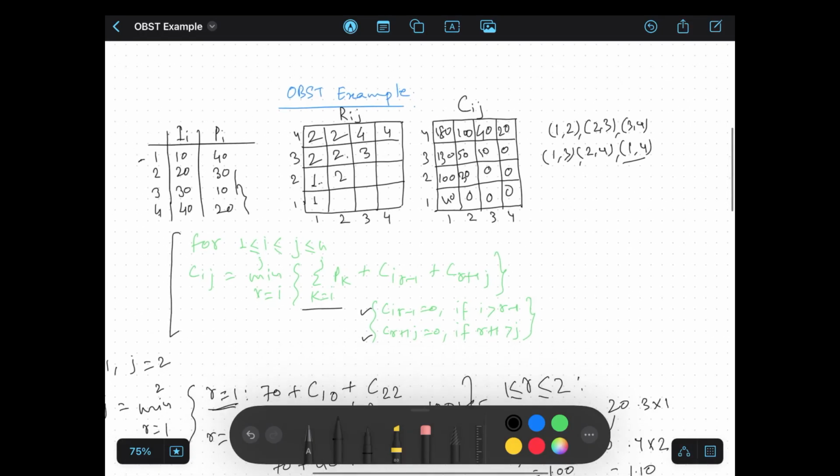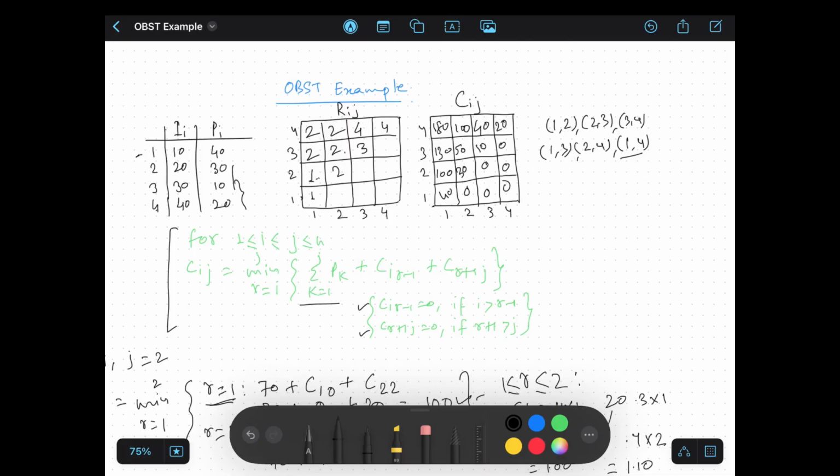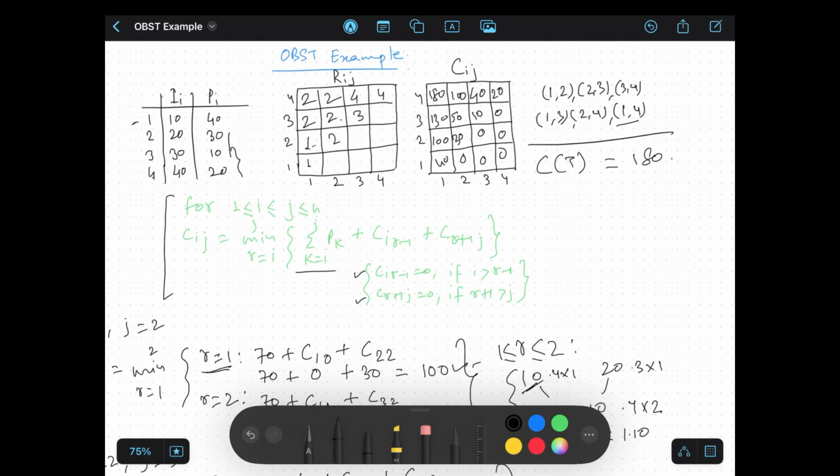Okay. So this means our optimal binary tree cost is going to be 180. And how this tree is going to be built is, we have a tree which has items 1 to 4. This means we are going to look at 1 to 4 here.